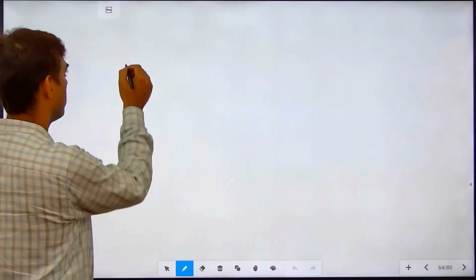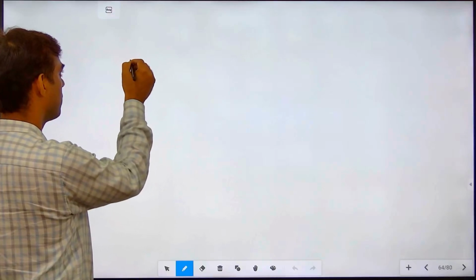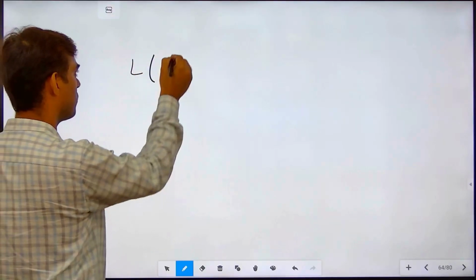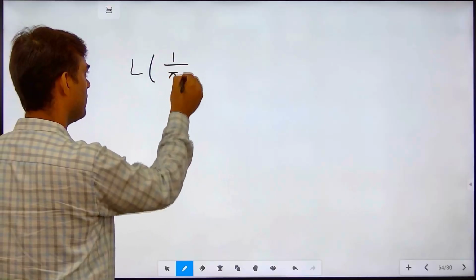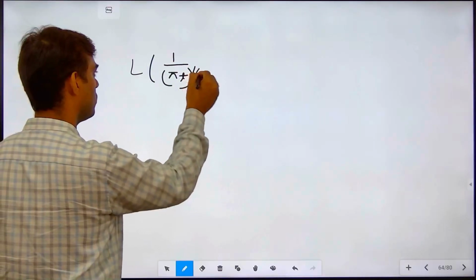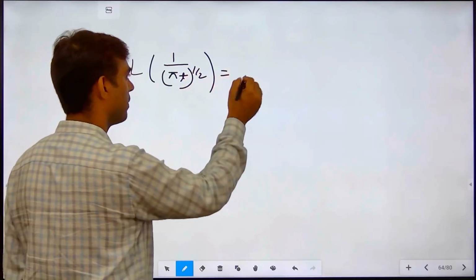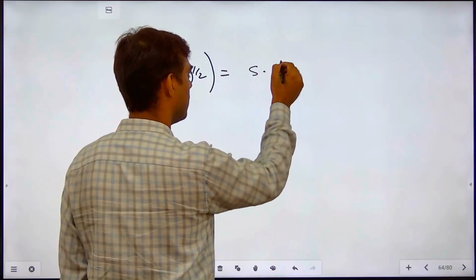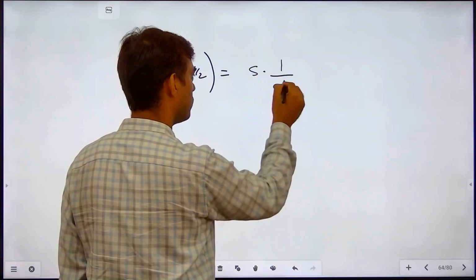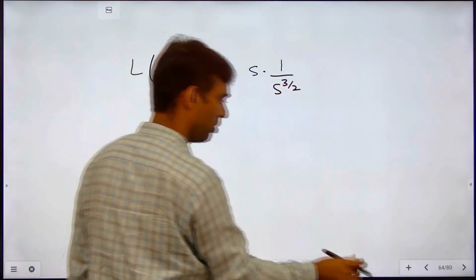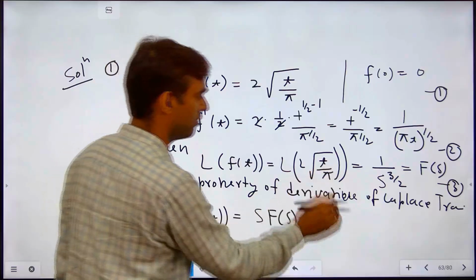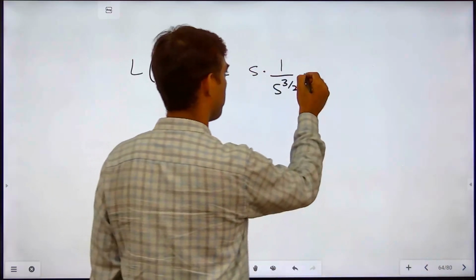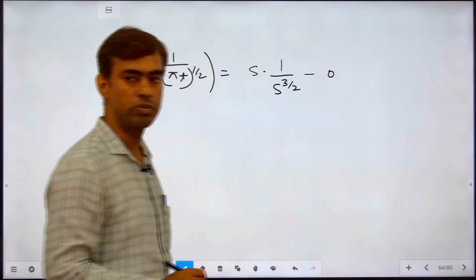So, after putting the values, the Laplace transform of 1 upon pi t to power 1 by 2 equals s into F(s). F(s) is what? F(s) is 1 upon s to power 3 by 2, minus f(0), and f(0) is 0.